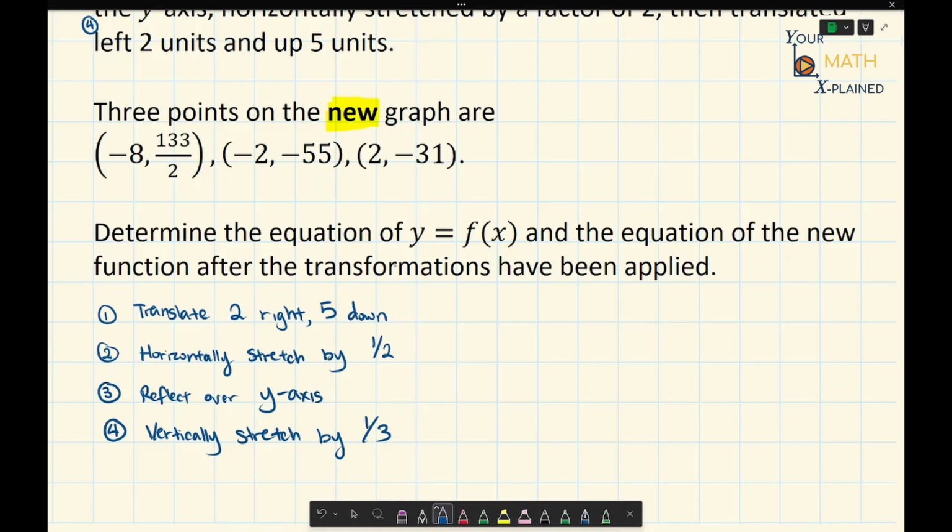Okay, so now we have the transformations needed to get those 3 points back to where they were on the original graph. So let's go ahead and perform those 4 transformations on those 3 points.